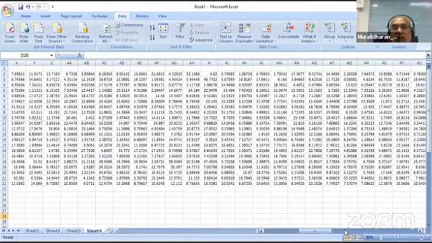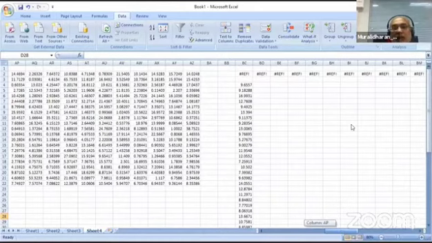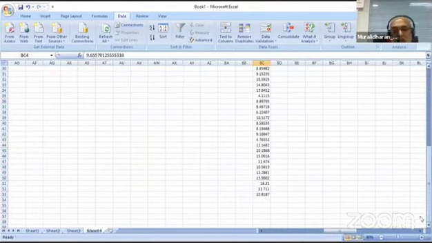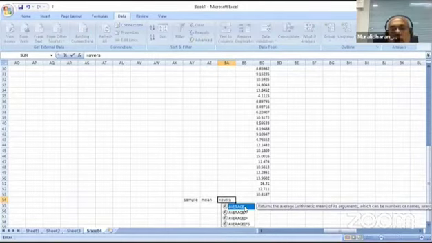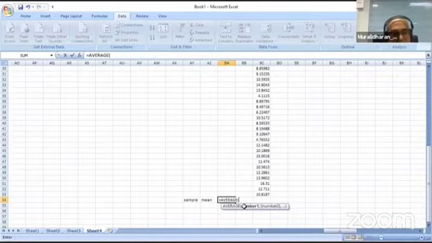Now let us compute the mean. I have the means here computed already, starting from BC4. So let us compute the sample related statistics, the sample mean. Let us say average of BC3 to BC53.